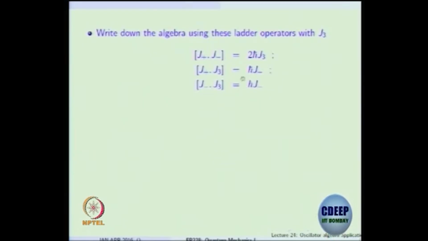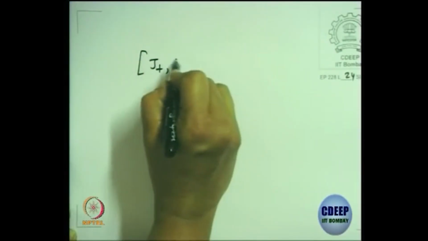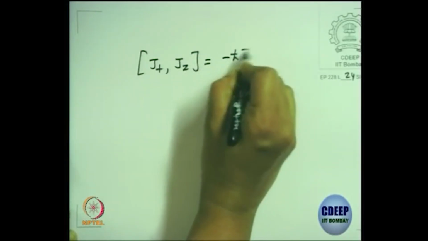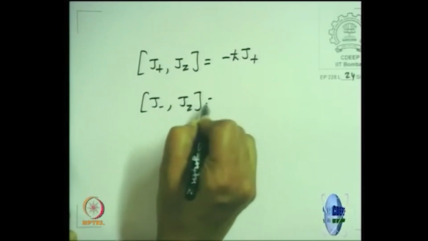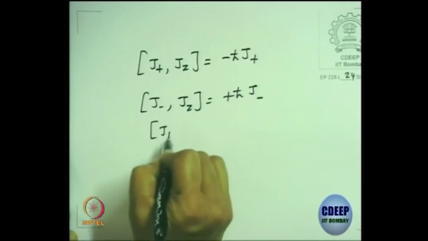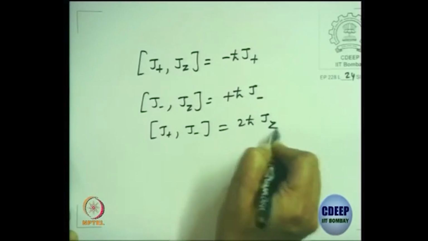Okay, I'll correct it. So J plus with J3 or Jz is minus H cross J plus, and J minus with Jz is plus H cross J minus, and J plus with J minus is twice H cross Jz.